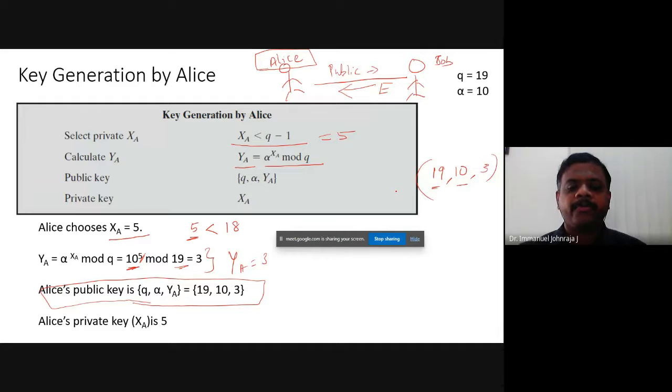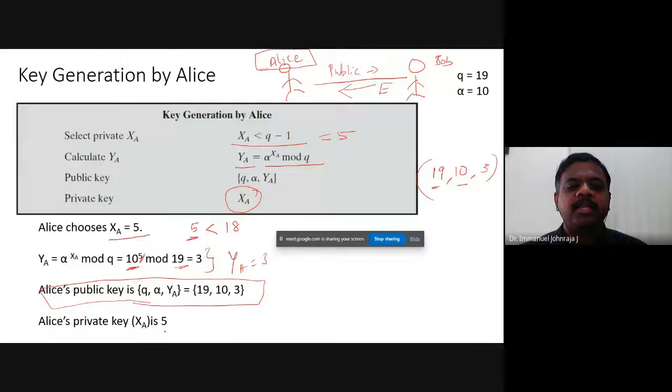So Bob and Alice have shared the public key, and Bob does the encryption to find the ciphertext that is exchanged. Then Alice has to use x_A, her private key, for decryption. So what is x_A? Her private key is 5. So these are the things you should remember. Alice's public key here is 19, 10, 3, which is q, alpha and y_A, and her private key is 5.